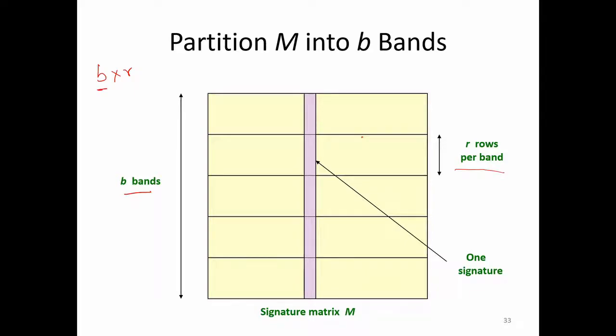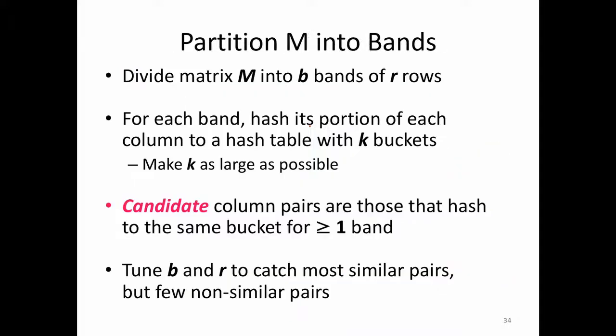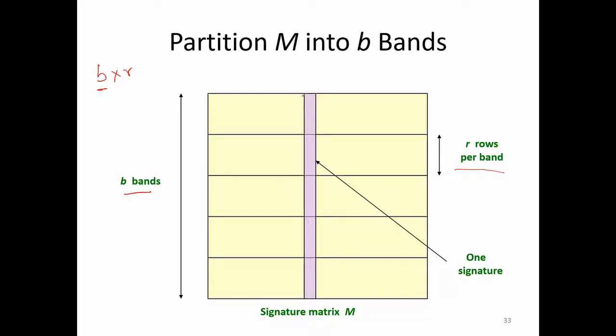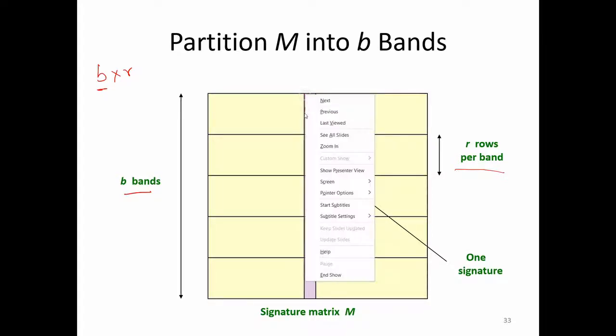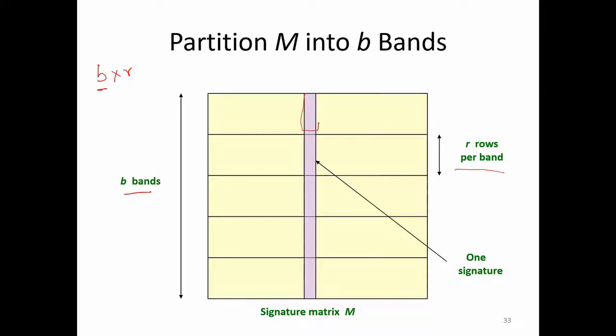In other words, this entire min hash signature of size b times r, you are splitting into b different min hash signatures, each of size r. You are doing this for each column. Now you take the min hash signature in each band and construct a bucket using r of these signatures.